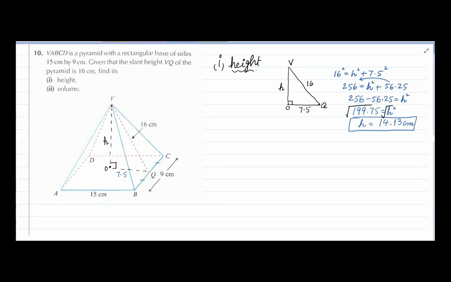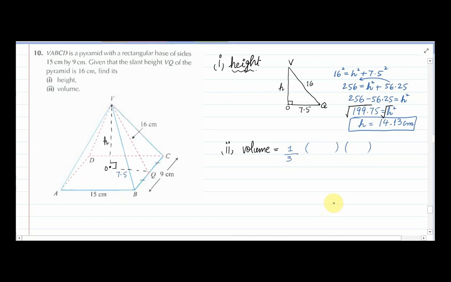Now the next part is you need to find out the volume here, right? Now after the surface area, you know that volume is very easy to find, right? For volume, you need to apply the working formula, that is 1 over 3 base area times height.